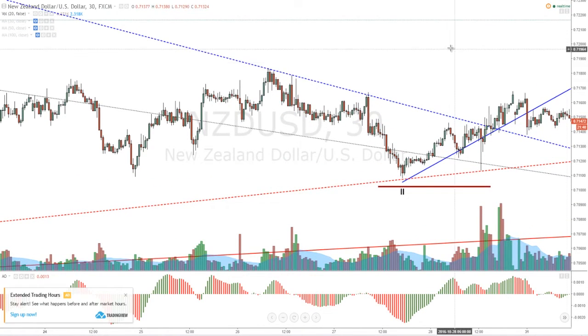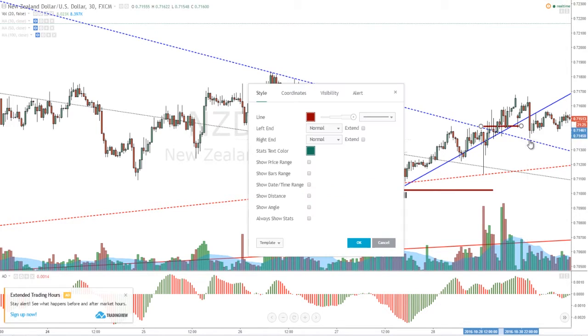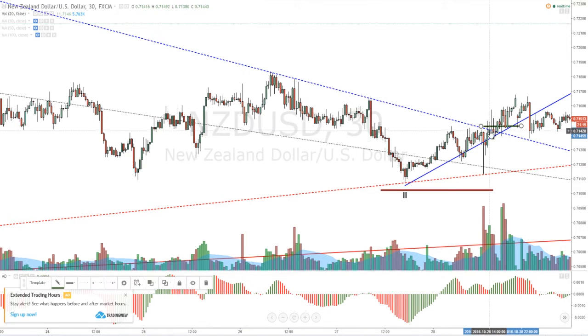So we could just try and get in at the break of the trend line, that will get you into trouble sometimes. So if we would just go in there, let's put this in green. If we were to go in there, on this trade it would be okay, but on some trades it will get you into trouble.